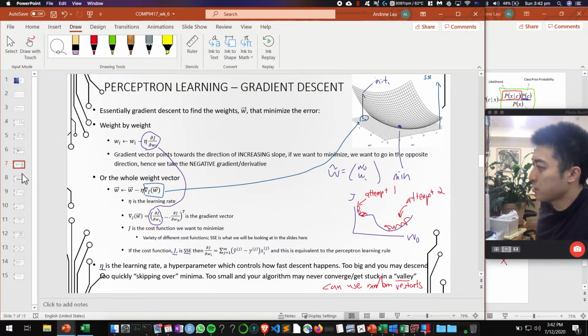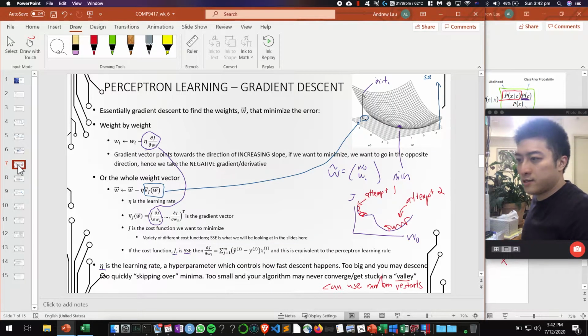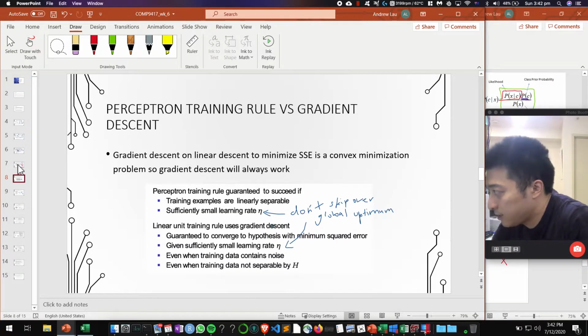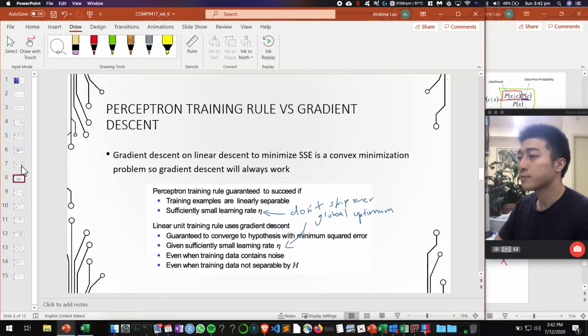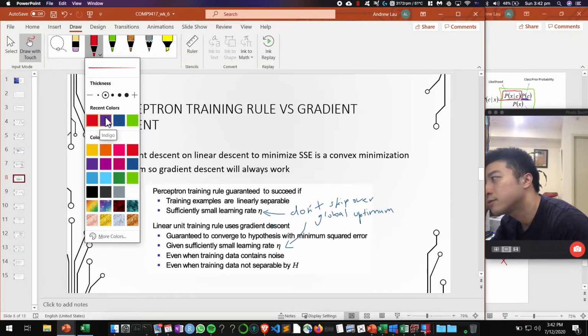Cool. The next thing to consider is the Perceptron learning rule versus gradient descent. So with sum square, when you're trying to minimize sum square, one of the great things is that it's a convex minimization problem. When I say convex, I mean it looks something like this.